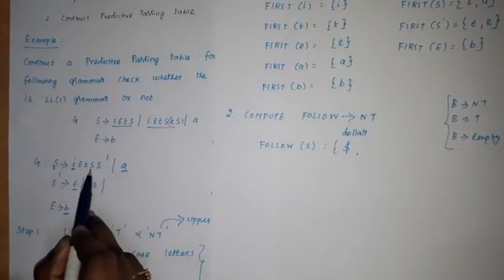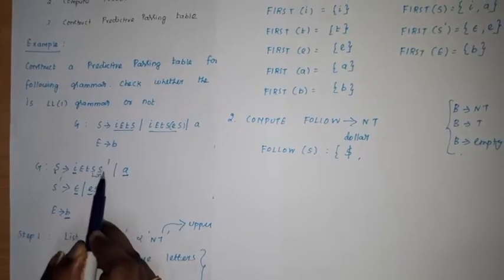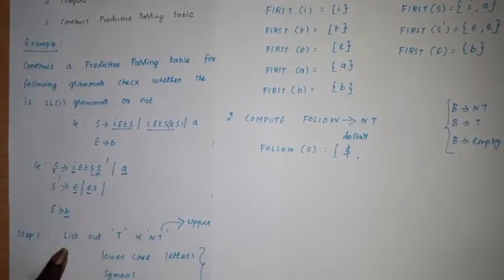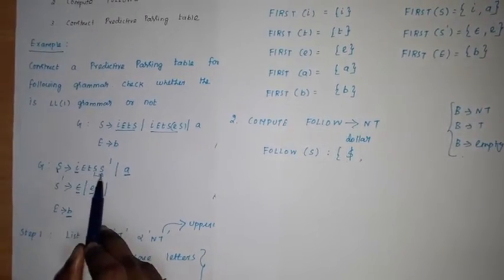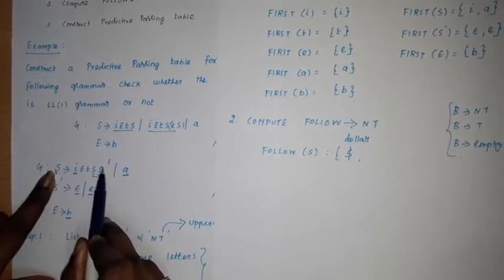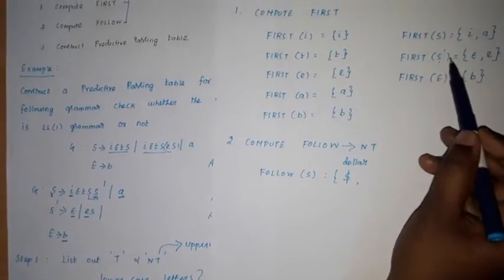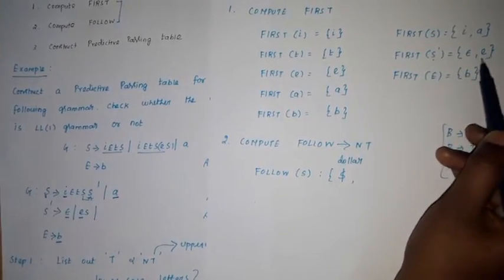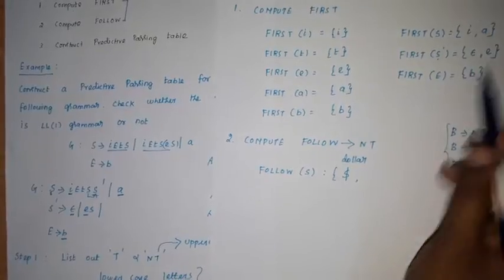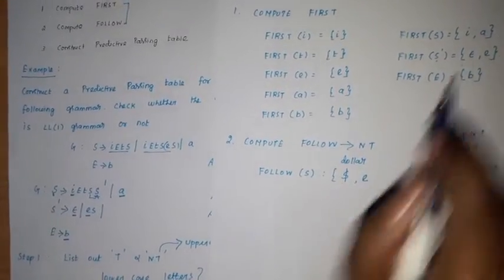So here S is followed by S dash. Here S dash is a non-terminal value. So follow of S is equal to first of S dash except epsilon. First of S dash we already found: epsilon comma small e. Except epsilon, we are going to write the value e only.